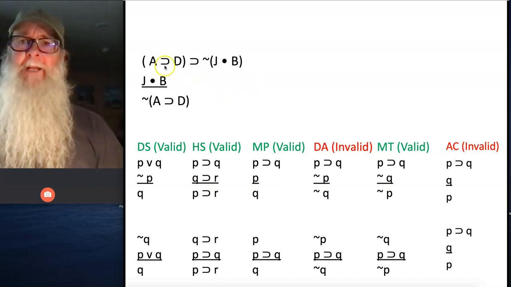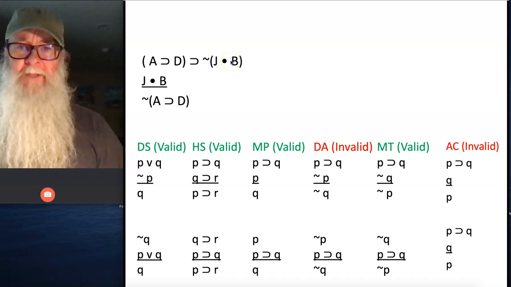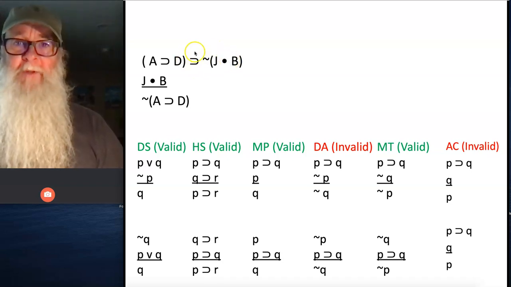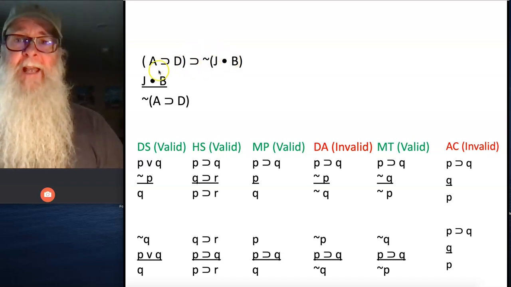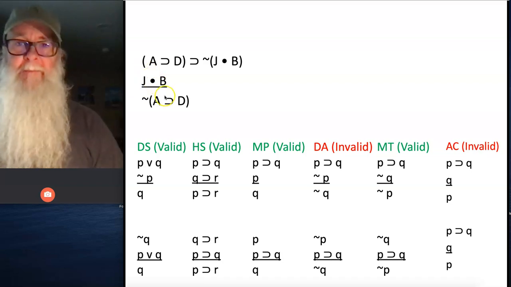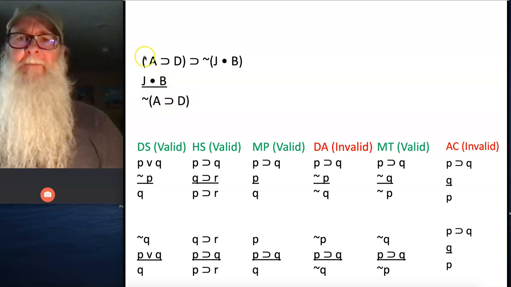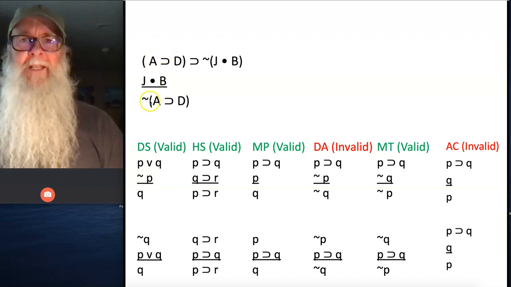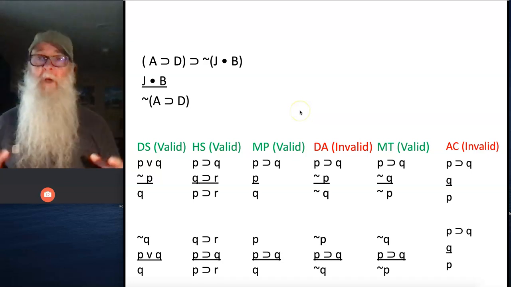We've got another mess of statements here, and we can see in our first premise we have the horseshoe as the main operator, and in the second premise the dot is the main operator, and our conclusion appears to be this statement in the first premise, except that it's been negated in the conclusion. Okay, so what's going on here?